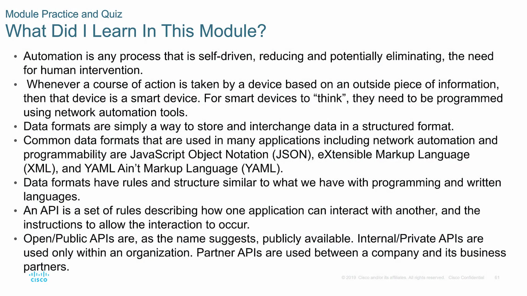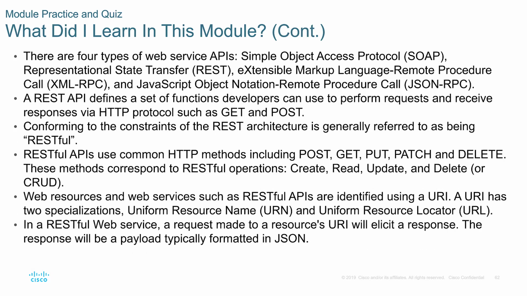We looked at a very high level of programmability languages like JSON, XML, and YAML. We did the smart devices, what automation is there for, the purposes of API, the forms of API, the forms of web services, the purposes of our REST and RESTful APIs, how APIs use common HTTP methods like post, get, put, patch, delete.